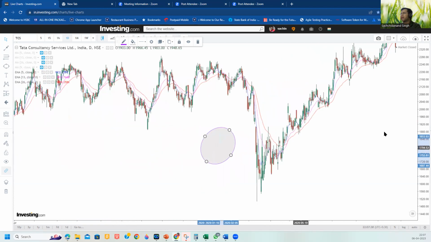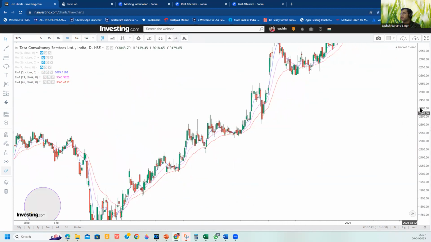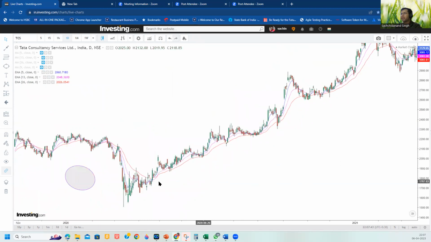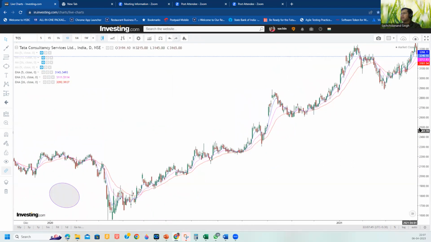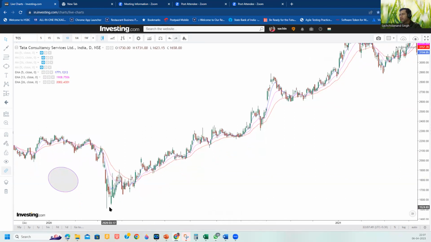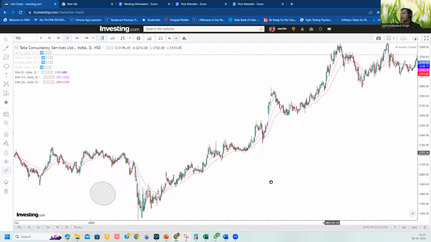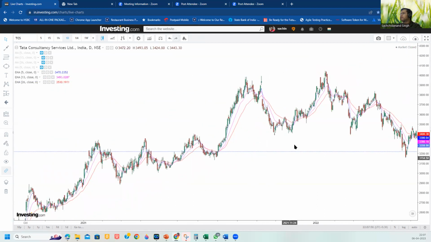I'm just bringing the chart back to show you the upward move. From here, the TCS stock keeps on moving up and up and up. The market was somewhere around 1500, and after that it moved till 4000.